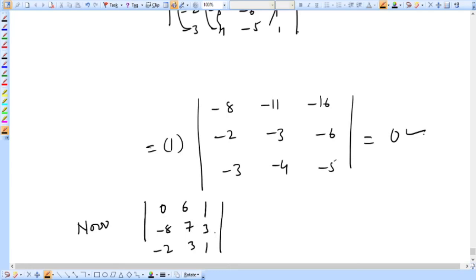I have excluded the third column here, and the third row has been deleted. Whatever is left is here.